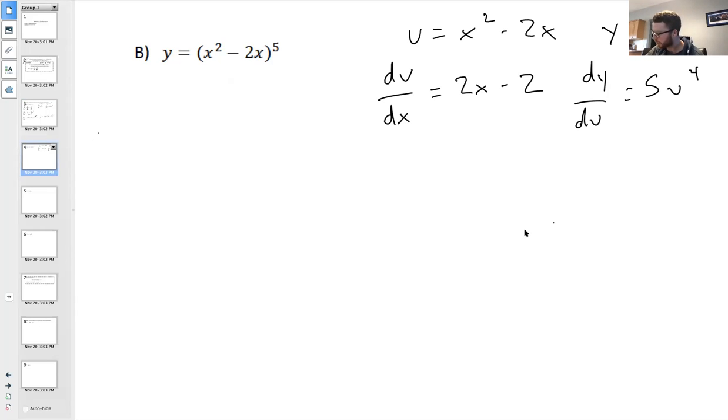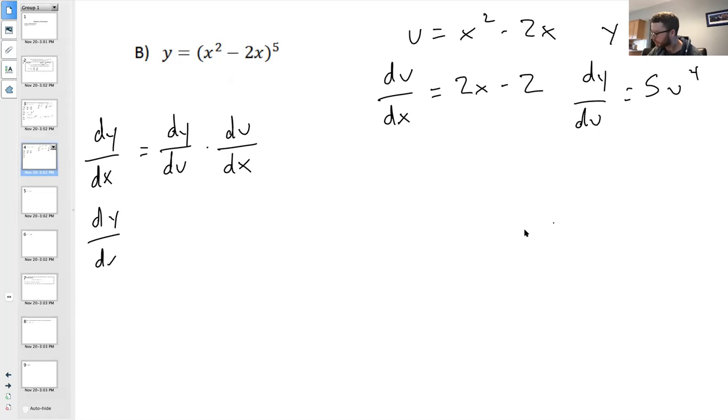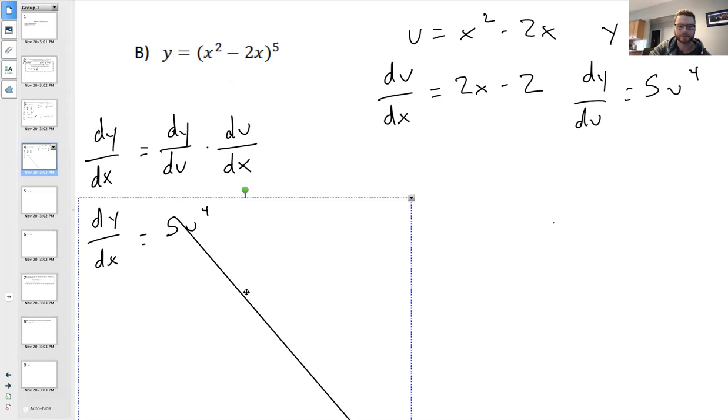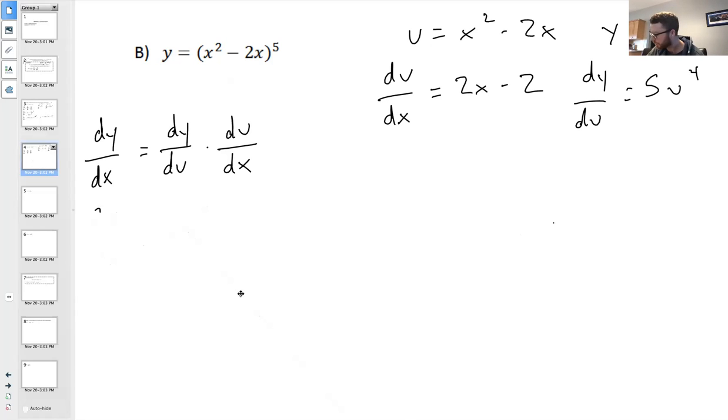Okay, as per the chain rule, the derivative of y with respect to x is equal to the derivative of y with respect to u multiplied by the derivative of u with respect to x. We've already found dy du and du dx, so we can just substitute this in. We have 5u to the 4th multiplied by 2x minus 2.